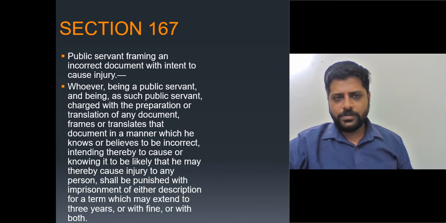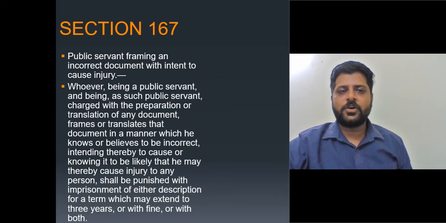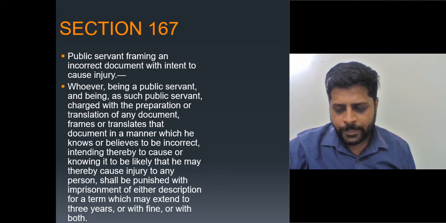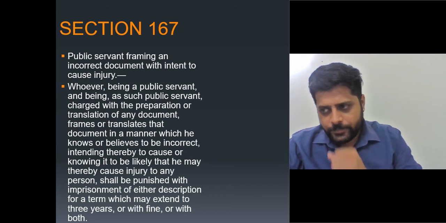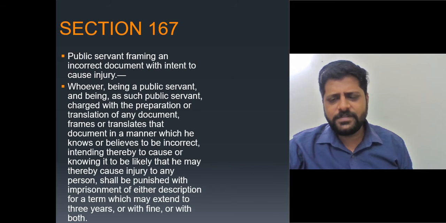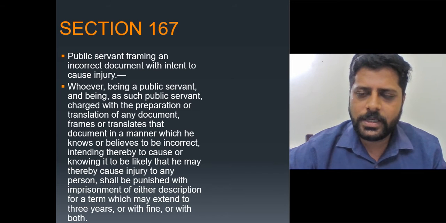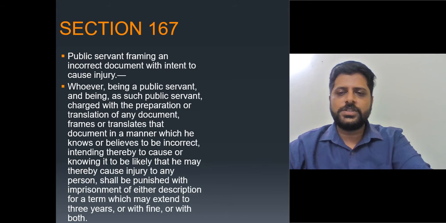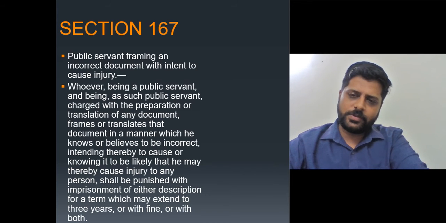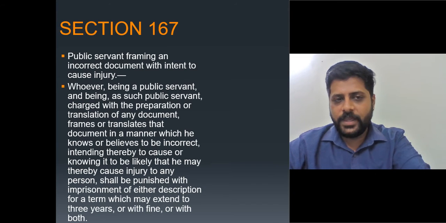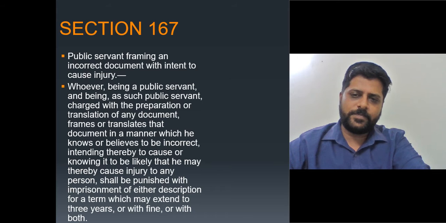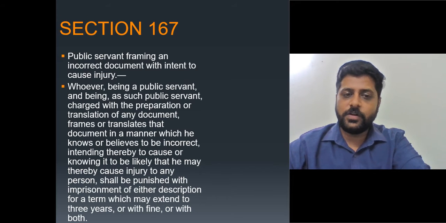Now moving to section 167, it says public servant framing an incorrect document with intent to cause injury. You must have seen in so many movies and serials that a public servant, holding a particular position, in order to cause injury to some person, frames incorrect or false documents.